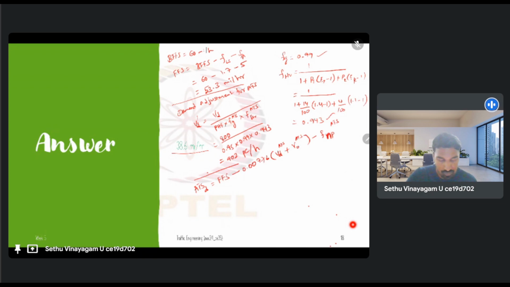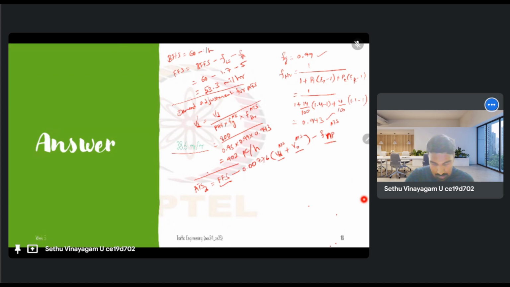This is different from the previous one. In this we know the free flow speed, and we know VD, the adjusted demand for ATS. Because this is a 50-50 split, VO will also be the same. Otherwise, we have to redo the previous step for the opposite direction. Then the FNP is what is needed now.